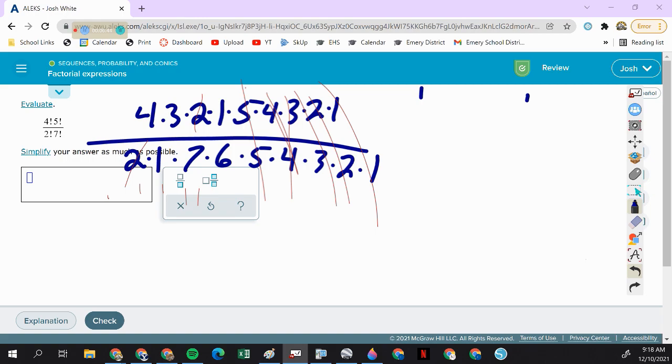Anything else? Well, 3 goes into 6 twice. And 2 goes into 4 twice. So on top, I'm left with 2. And on bottom, I'm left with a 7. That's it.